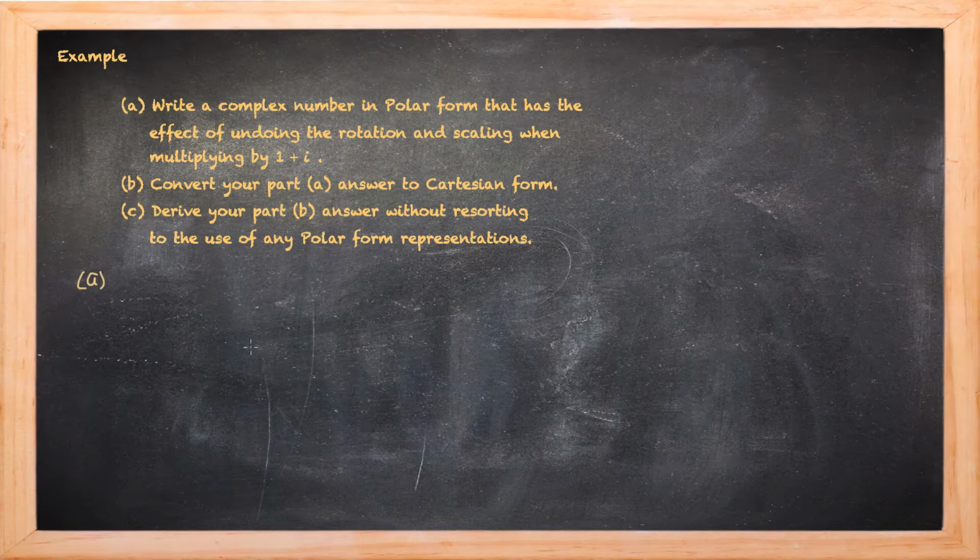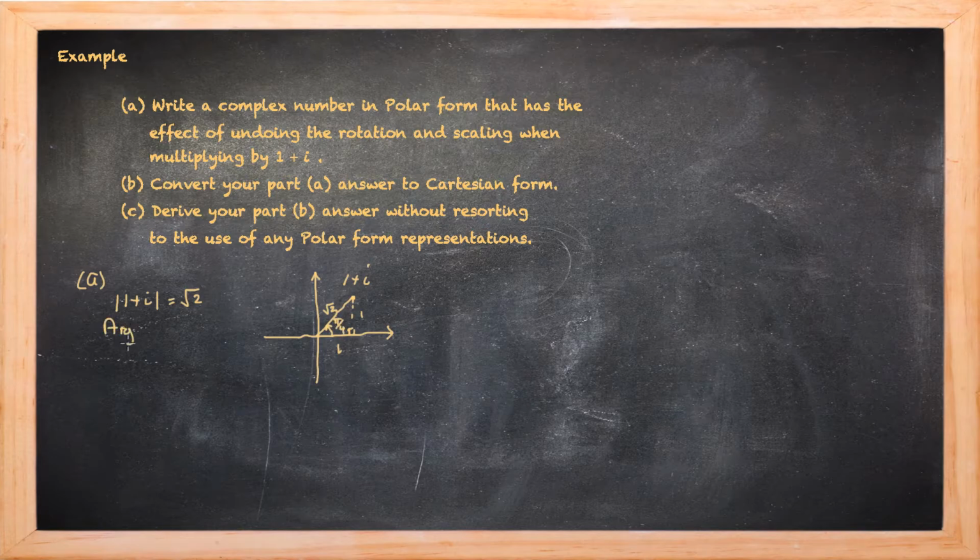Now, the first thing we'll need to do is to decide what effect multiplying by 1 plus i has on a complex number. So let's try and find the argument and the modulus of this. Now, right angled triangle, 1 along, 1 up, root 2 for the modulus, and the principal value obviously is pi upon 4 from the diagram.